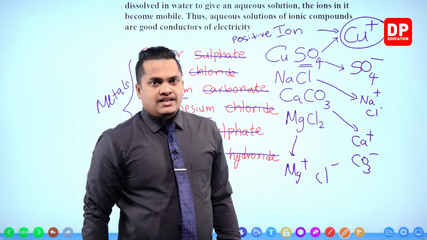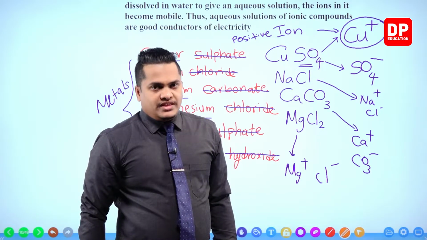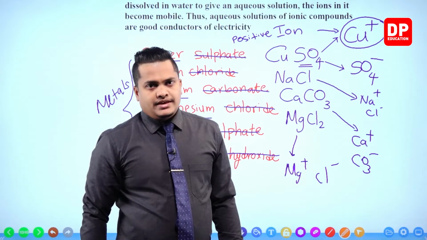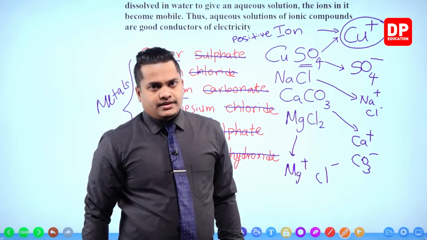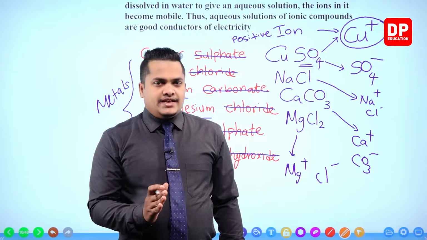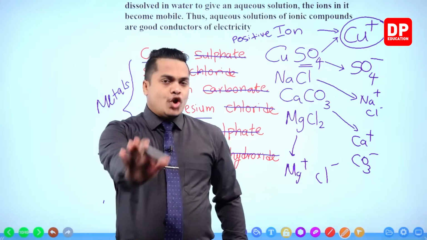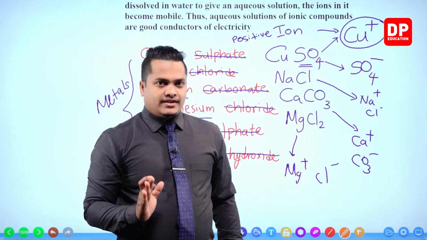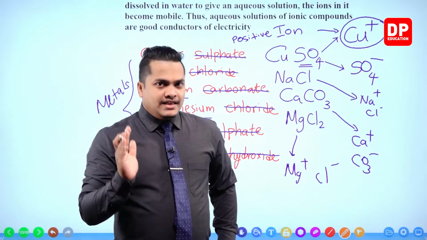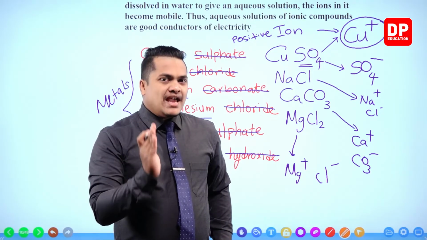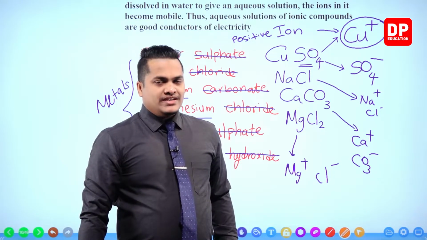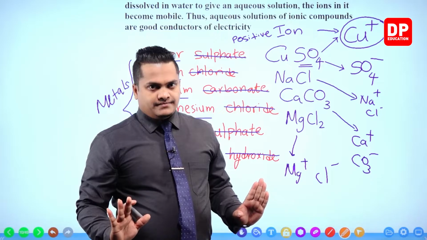Within the solids, you won't be able to identify any electrons or anything else that can conduct electricity. So within the solid state, these will not be able to conduct electricity. Remember, in the solid state, they don't conduct electricity.